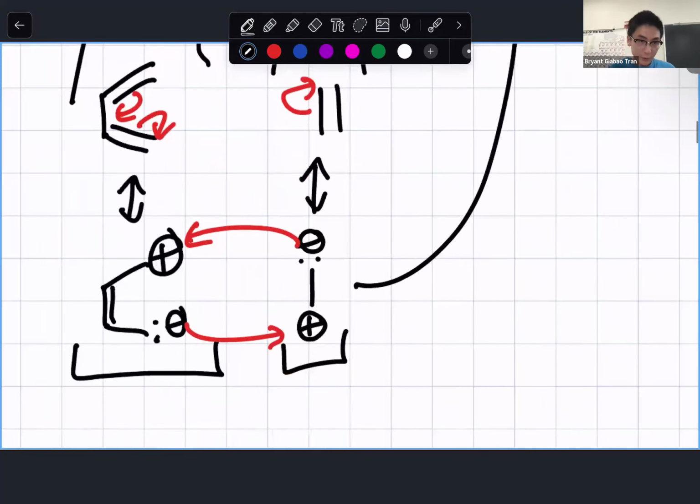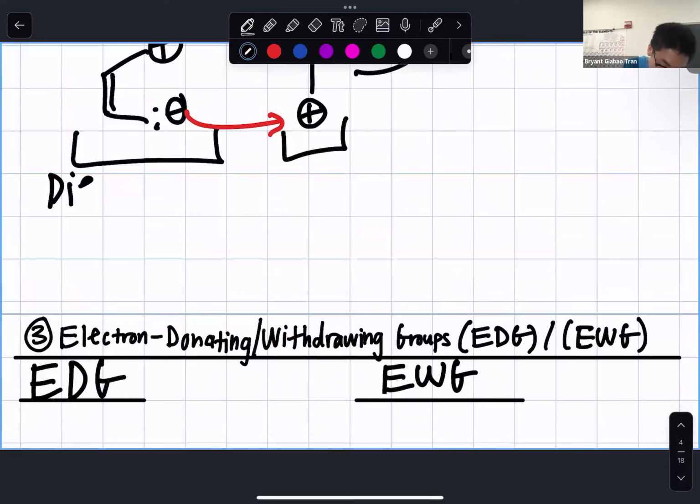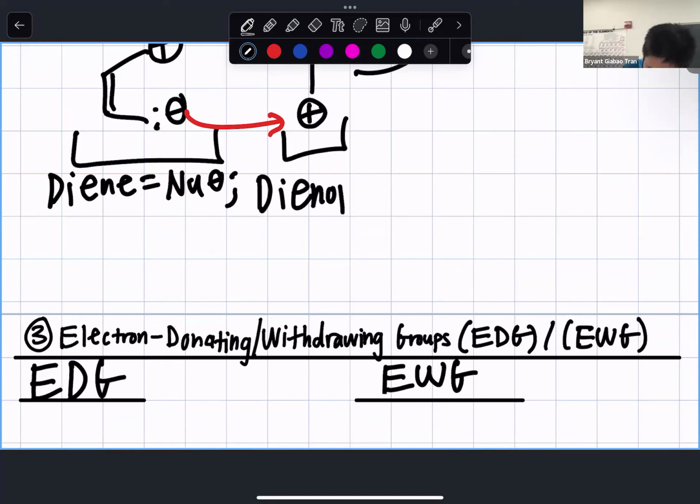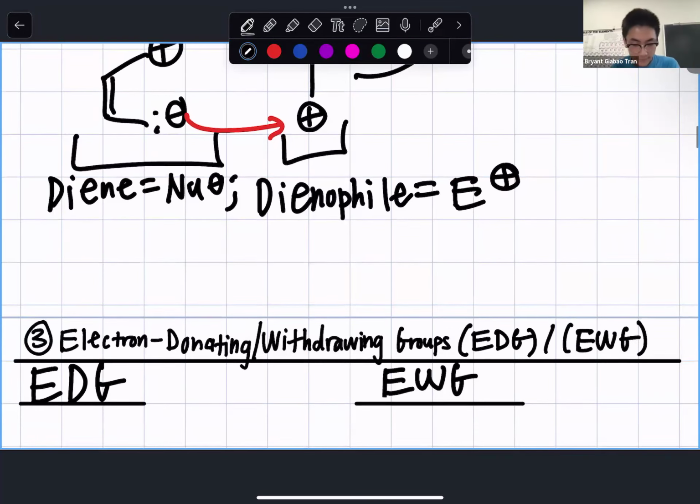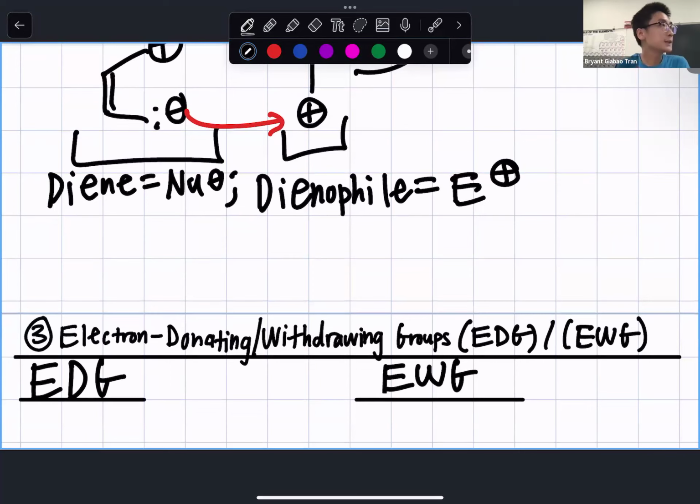And for Diels-Alder, we said that the diene is going to be our nucleophile. Our dienophile is going to be our electrophile. So if we wanted to speed up this Diels-Alder reaction, what kind of group do we want to add onto the diene? Electron donating group or electron withdrawing group? Do we want to give the diene more or less electrons if we want to speed up the reaction?